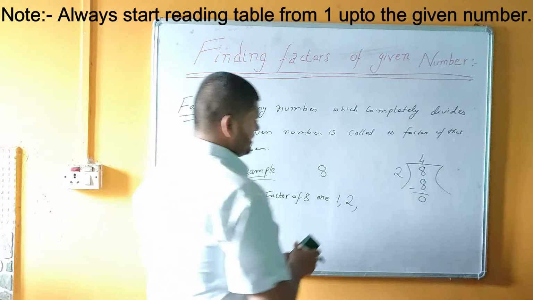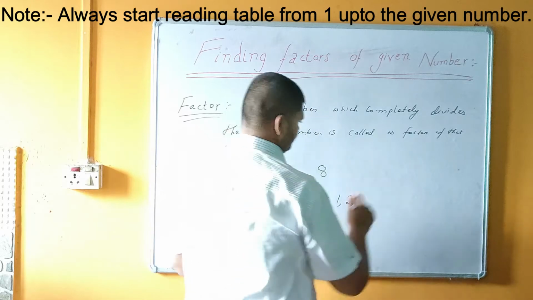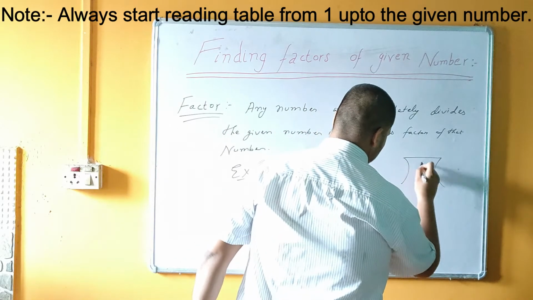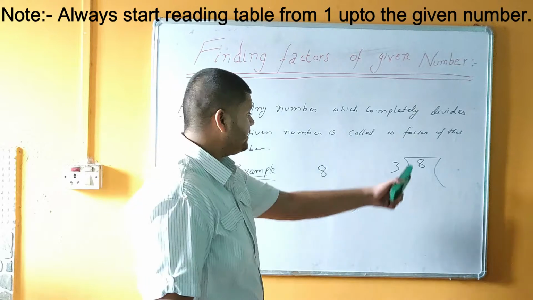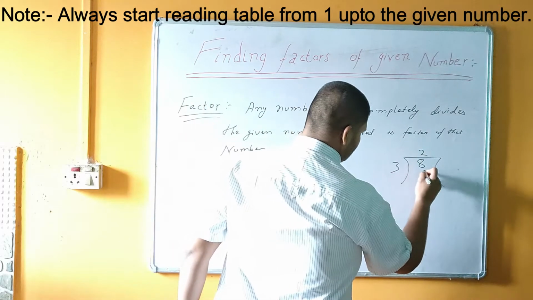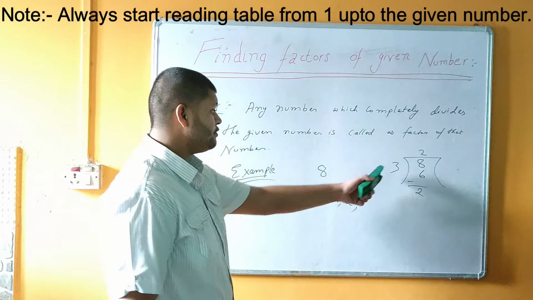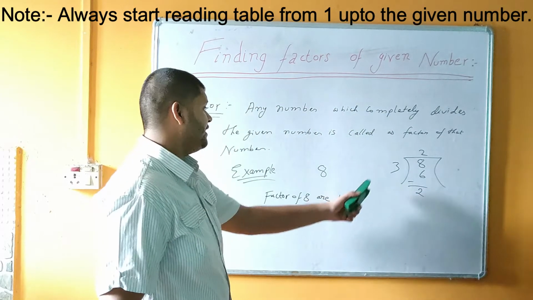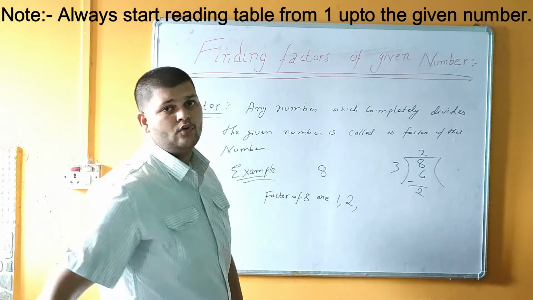So I am writing 2. Again, I am checking with 3. Do you think in the table of 3, 8 is going to occur? So 3 twos are 6. It will give remainder as 2. Now if you try to divide it, then this quotient will come in the form of a decimal value.